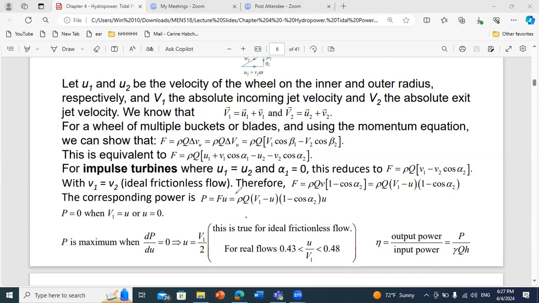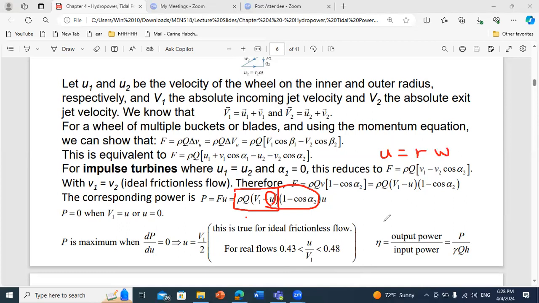So the force is rho Q times V1 minus U, while for U we have already, this is the expression of F, and we multiply it by U. So you can see that the power is a function of U, which represents, as we said, the linear velocity of rotation of the wheel, because U is equal to R times omega.